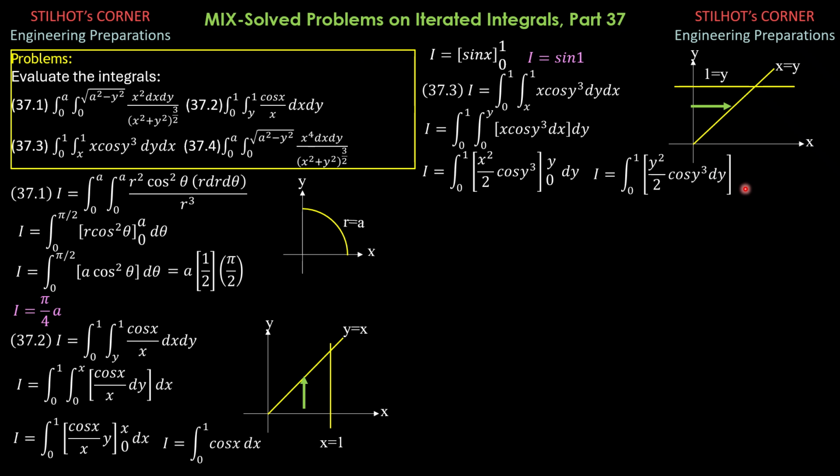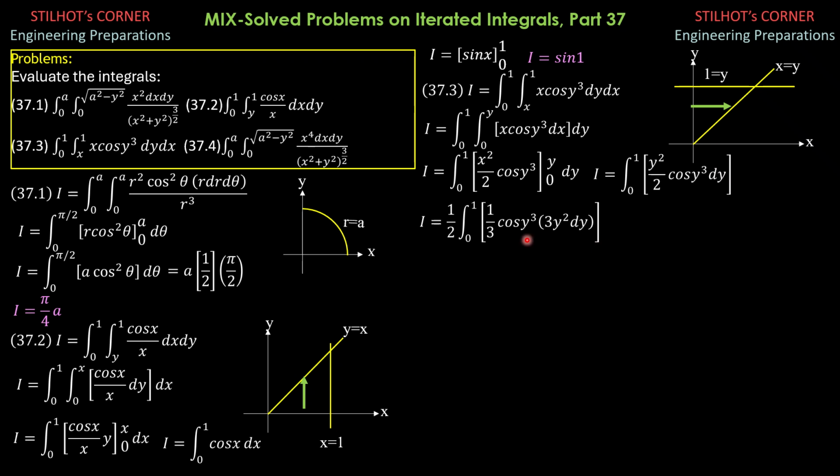This is in the form cosine u du. So we just introduce 3: 1/3, 1 half, the integral from 0 to 1 of 1/3 cosine of y cubed times 3y squared dy.